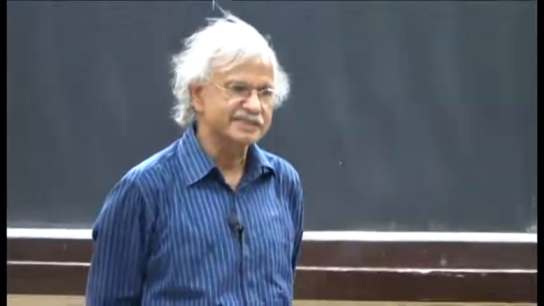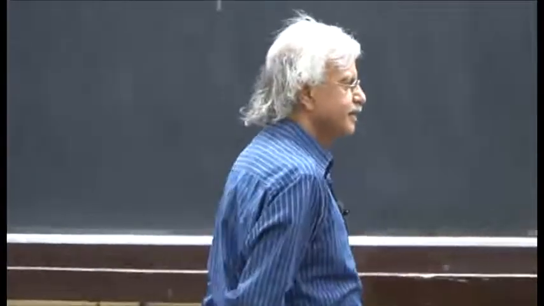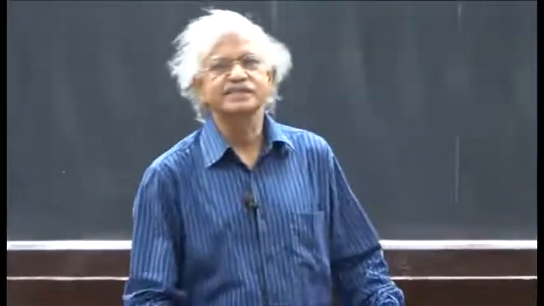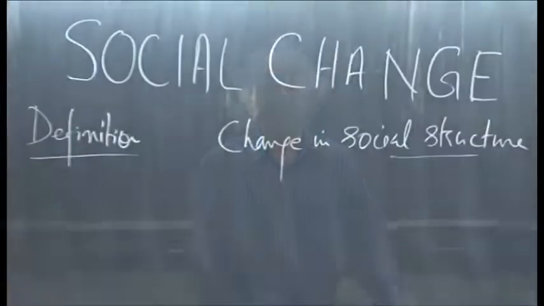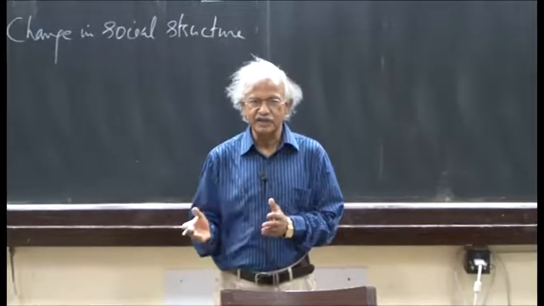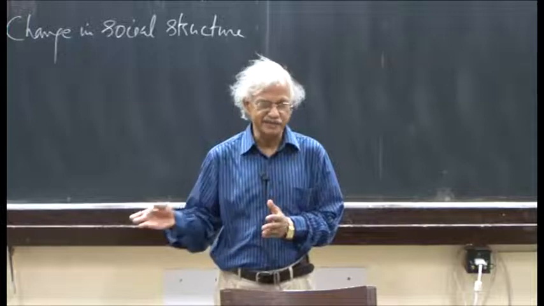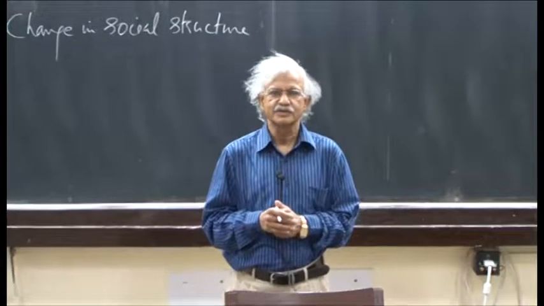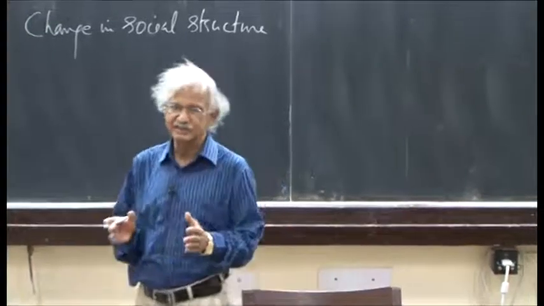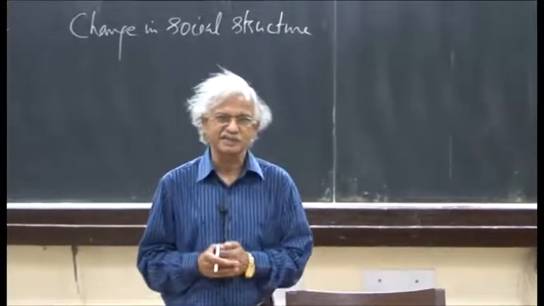What is social structure? Social structure is usually defined in some of the early lectures in sociology courses when we are talking of differences between factual reality and normative reality. Society has both these aspects, a factual aspect, a normative aspect.